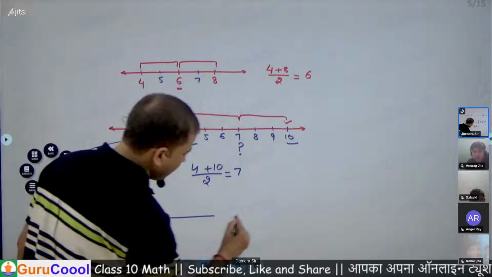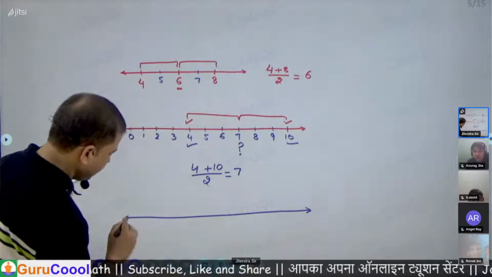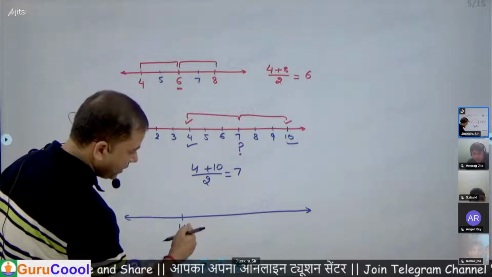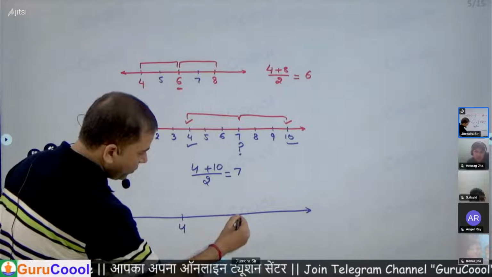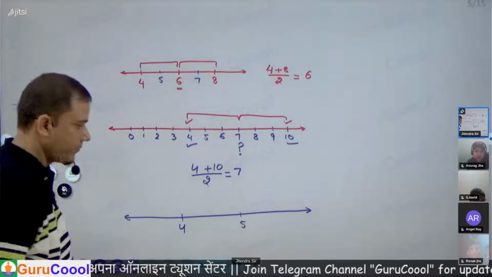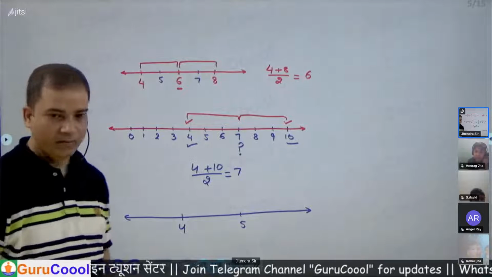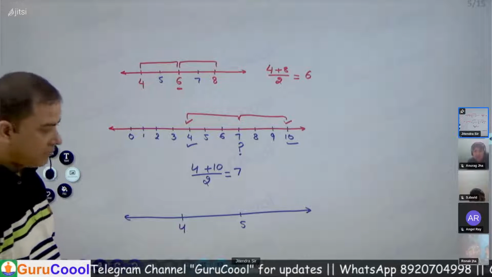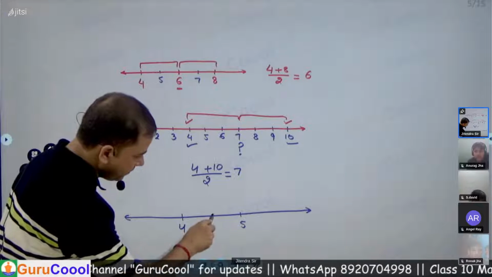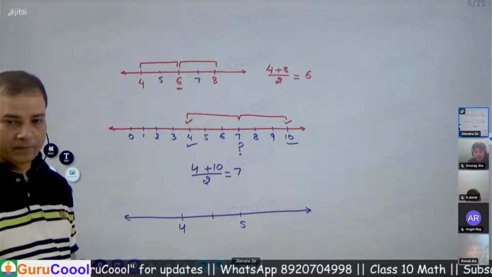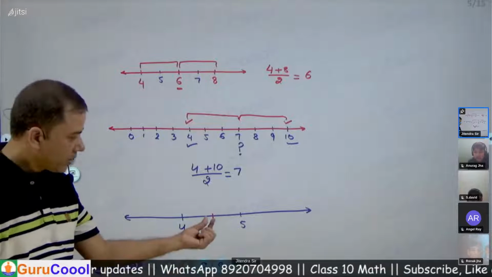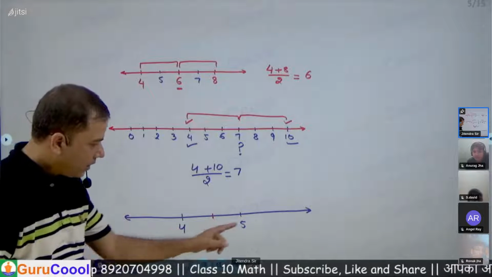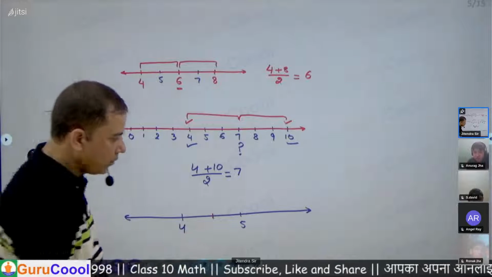Let's take one more. What comes just in the center, the central number between 4 and 5? 4.5. Sure? Yes, sir. The central number between 4 and 5, so add 4 and 5, divide by 2.